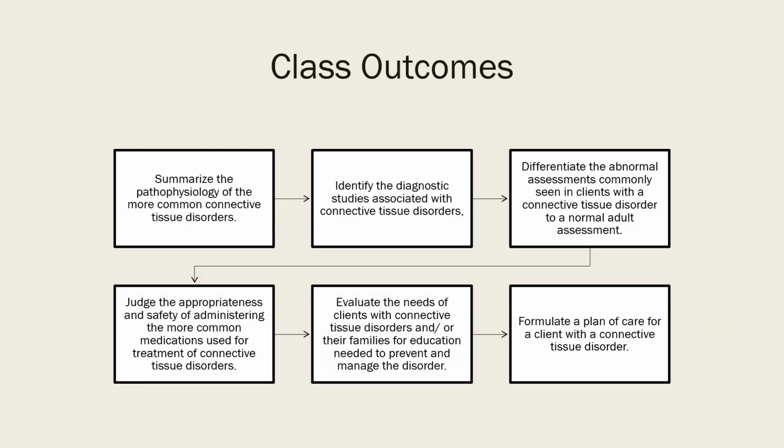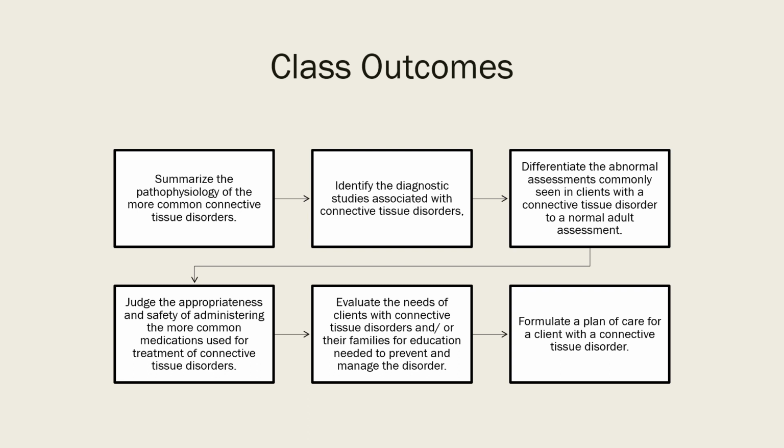So, class outcomes for this chapter: we will summarize the pathophysiology of the more common connective tissue disorders. We will identify the diagnostic studies associated with connective tissue disorders. We will differentiate between the abnormal assessments and a quote unquote normal adult assessment.